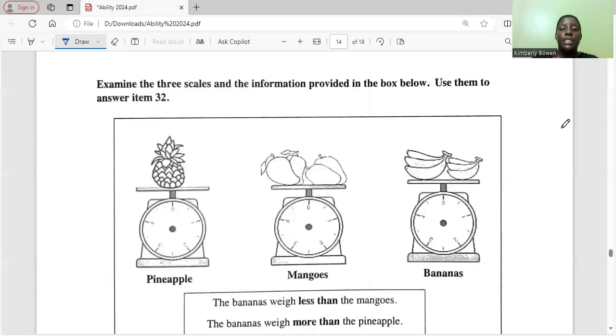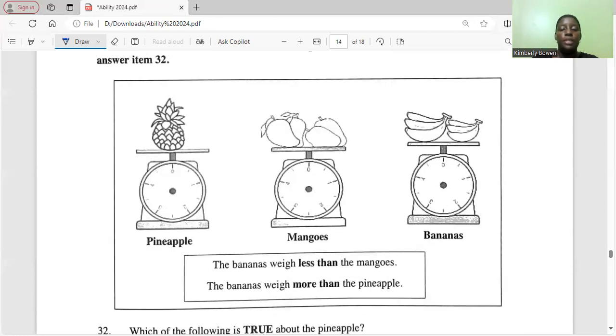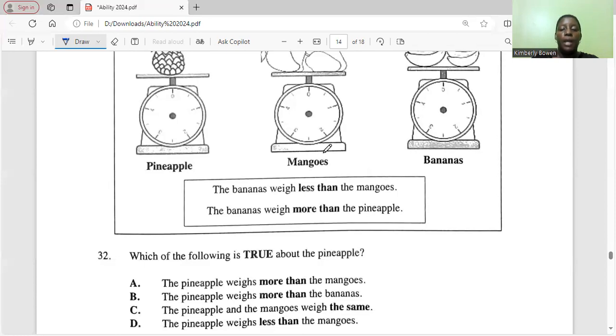Examine the 3 scales and the information provided in the box below. Use them to answer item 32. We're seeing 3 fruits: pineapple, mangoes, and bananas. The bananas weigh less than the mangoes, and the bananas weigh more than the pineapple.